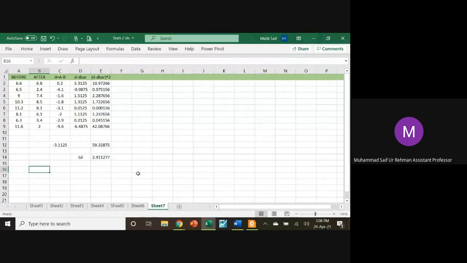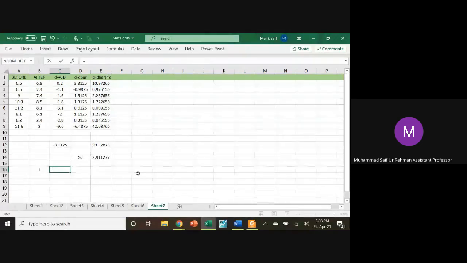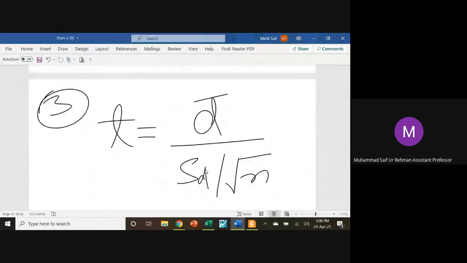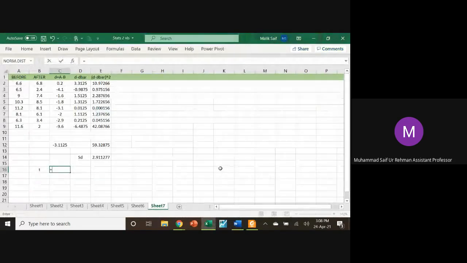How? T is equal to D bar. So if you see this formula, what is there? D bar. This is D bar divided by the standard deviation.